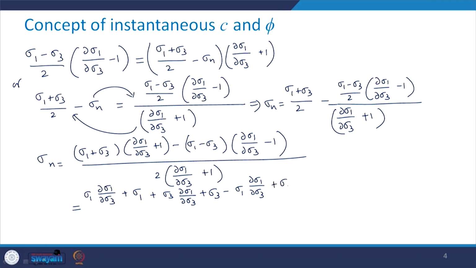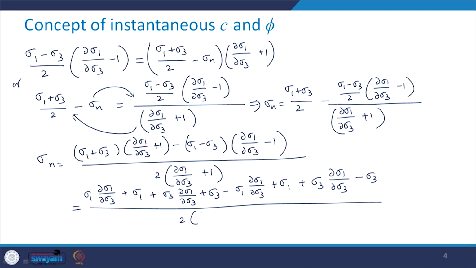So, this will be plus sigma 1 and plus sigma 3 del sigma 1/del sigma 3, and then minus plus and 1 minus, so that will make it minus sigma 3. This whole thing divided by 2 (del sigma 1/del sigma 3) plus 1.